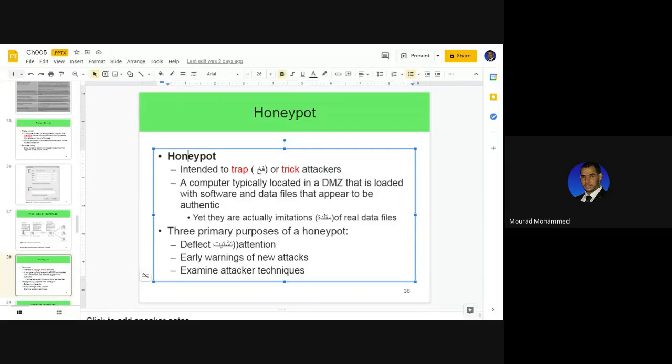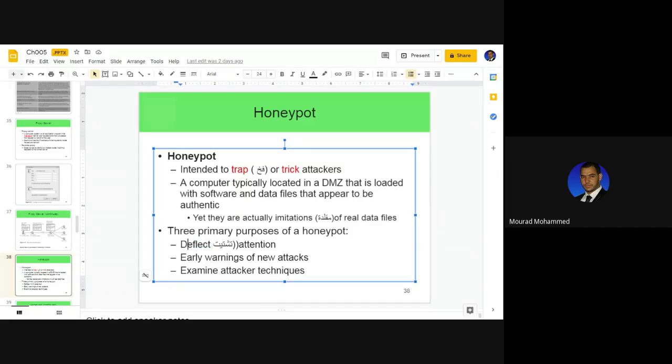So what is the purpose of this honeypot? It is just to attract hackers, so that instead of getting into the main network, they will get into the honeypot and be stuck there. In this way, they will deflect the intention or the destination of the attackers, and thus they will secure the main network.